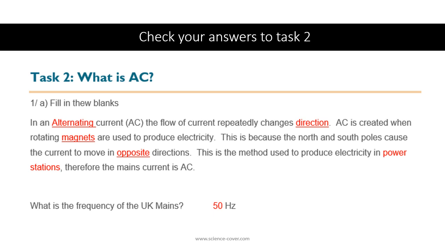AC is created when rotating magnets are used to produce electricity. This is because the north and south poles cause the current to move in opposite directions. This is the method used to produce electricity in power stations. Therefore, the mains current is AC. So the missing words are alternating, direction, magnets, opposite, and power station.